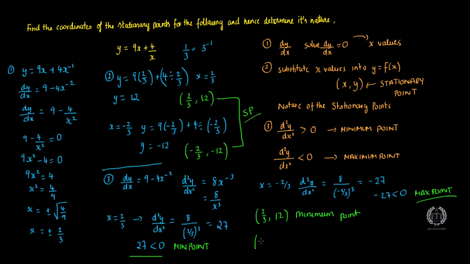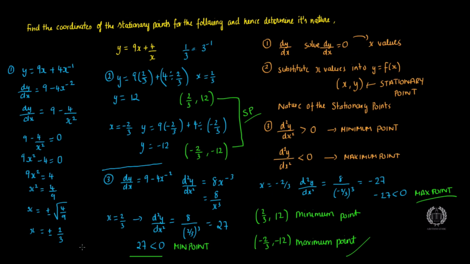And the other stationary point that we had, minus 2 over 3 and minus 12, when we put minus 2 over 3 in our d2y dx squared, we had minus 27, which is smaller than 0, and that is a maximum point. And that is your answer.